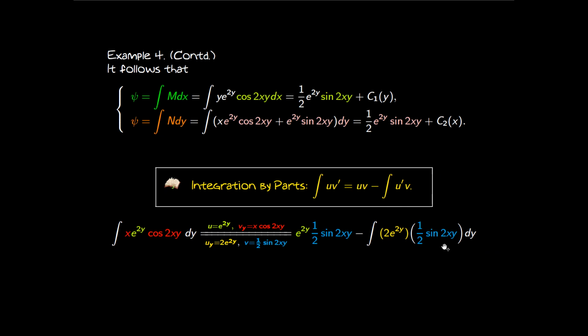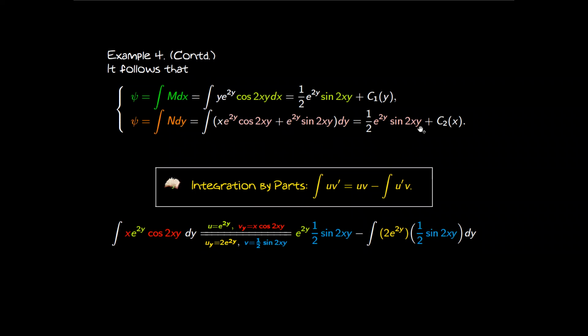So that's exactly the integration we found over here, but you have a negative sign. That means if we do substitution, we cancel this term. So the integration of this is going to be just half of e to the 2y times sine 2xy.